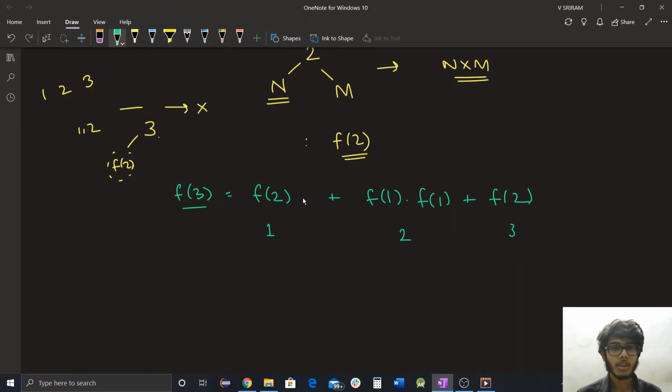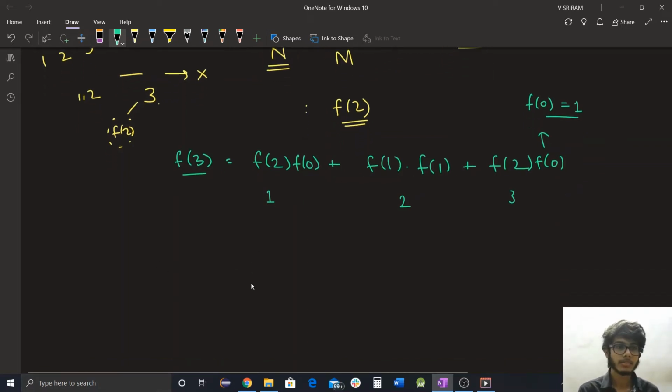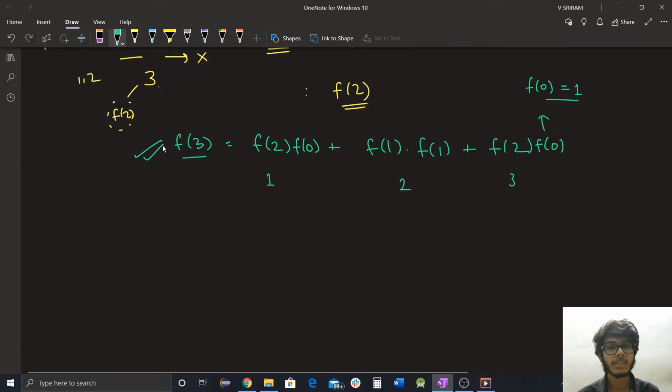Now we can multiply this with f of 0 just for the sake of generality, and we can assign f0 a value of 1. That does not change our answer, and this gives us the number of trees with 3 elements.